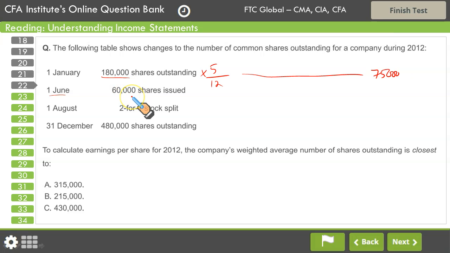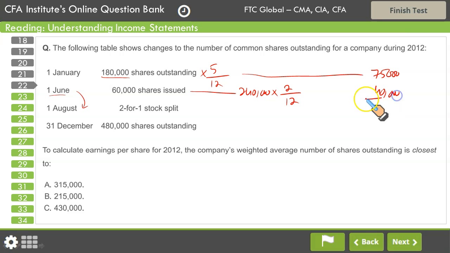Then we issued 60,000 new shares, which took the number of shares from 180,000 to 240,000. Now these 240,000 shares remain outstanding till the next stock transaction. Full June, July, and at the start of August there was a transaction. So we multiply it by 2 divided by 12: 240,000 times 2 upon 12 would be 40,000.